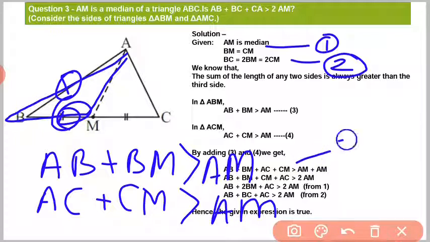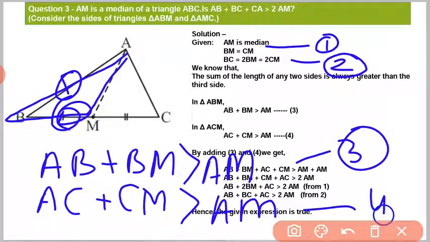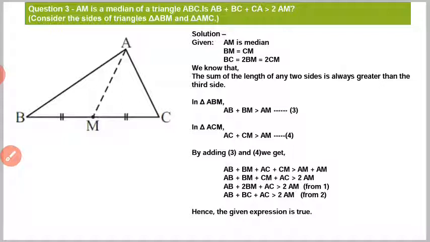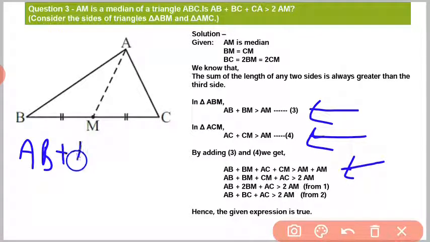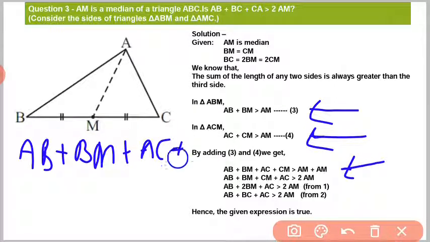Now take it as 3 and take it as 4 and add these 3 and 4. On adding, we get AB plus BM plus AC plus CM greater than AM plus AM.